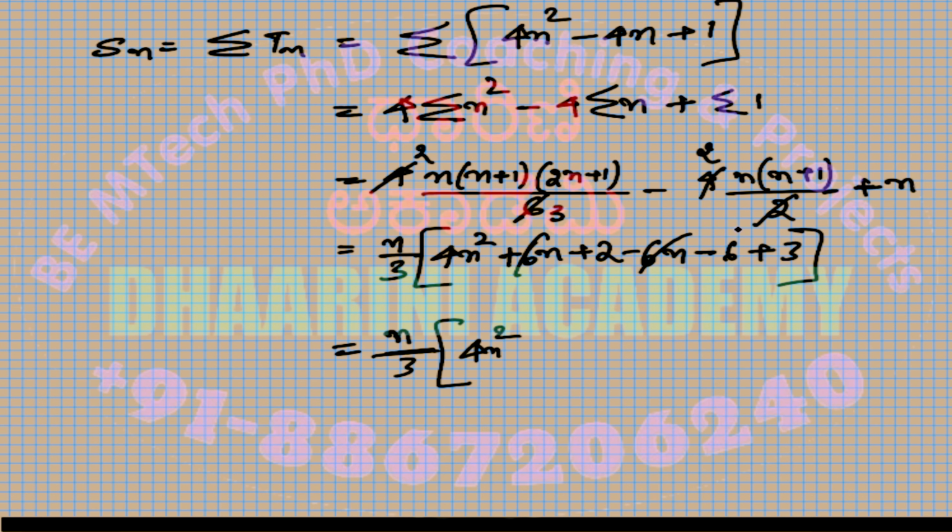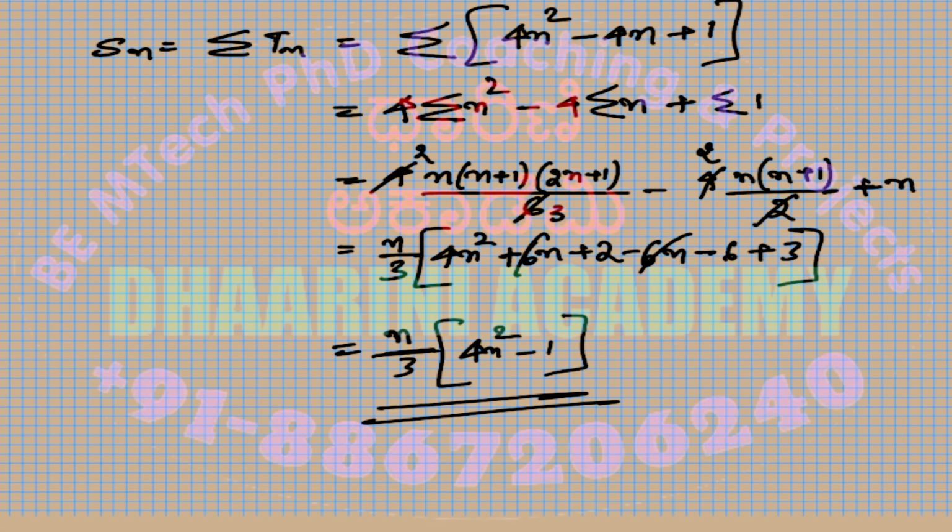This is plus 2 minus 6 plus 3 is a minus 1. Right? That is the required answer. N by 3 into 4n square minus 1. Now you can see there is a power 3, n cube is there in the numerator. N into 4n square is a n cube. Right? We have n cube term. So this is the answer.